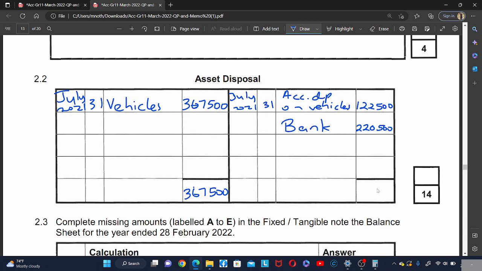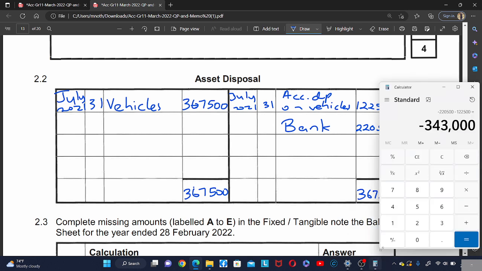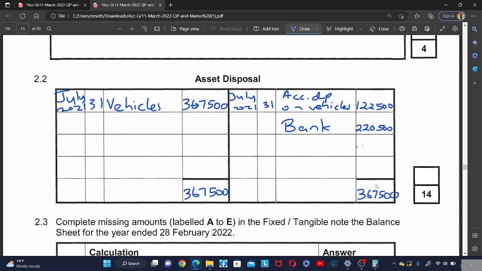So this means that here we made a loss. How much did we lose? 220,500 plus 122,500 minus 367,500 is equal to 24,500. We made a loss of 24,500. So this is a loss on sale.